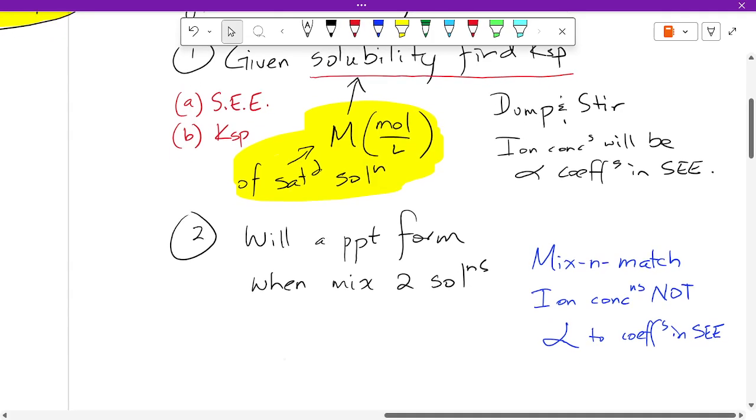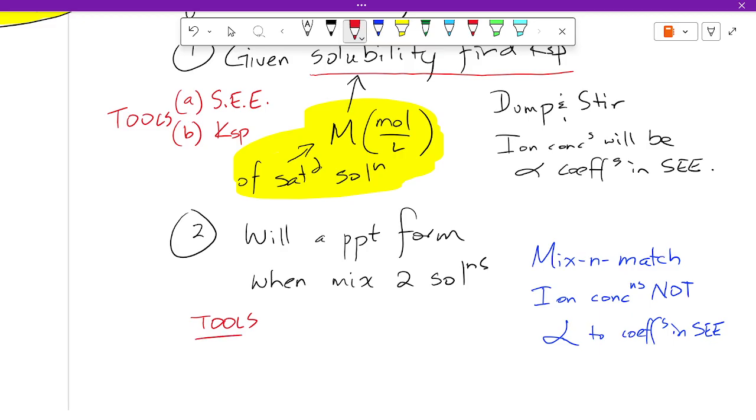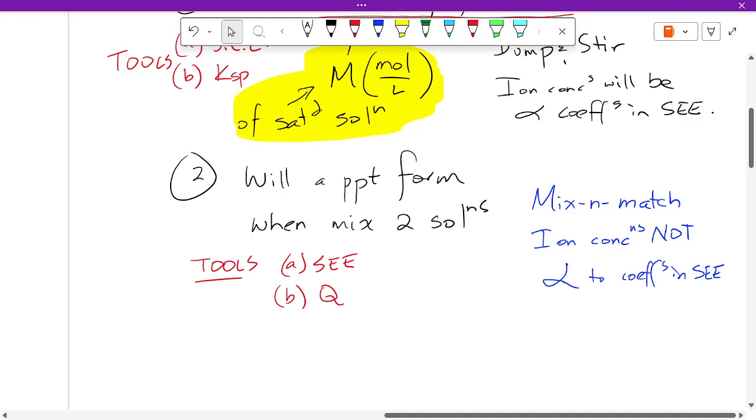So we're thinking of those questions like we did yesterday. Once again, we're going to have the C. We're going to have to use Q. If we're mixing two solutions, we're going to have to do some, what kind of calculations? Dilution calculations.